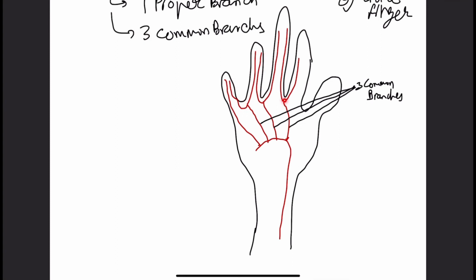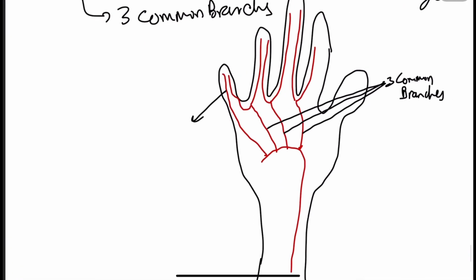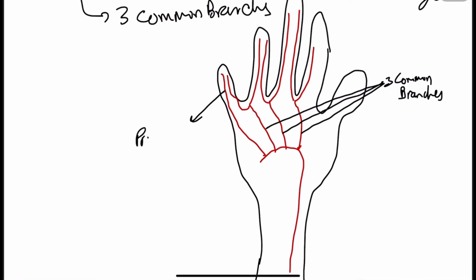Okay, this is not a proper branch, but yeah, the common branches further bifurcate and supply these aspects of hand. Only this is a proper branch. Okay, so this is your proper palmar branch.